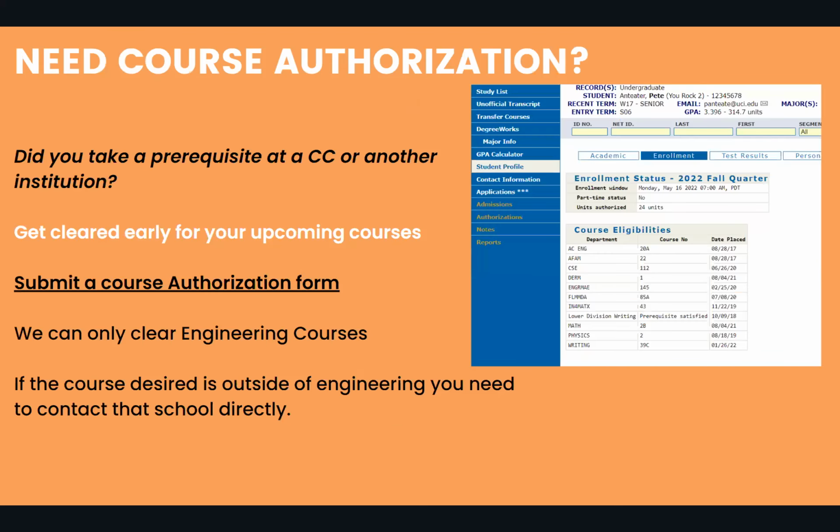Okay. There are going to be a few things that you're going to see throughout your time here. So we do want to make sure that we get you familiarized with certain forms and processes for our office. Course authorization is something that you're going to see a lot as a transfer student.